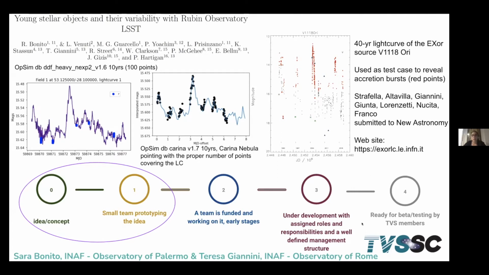And this is an example of a light curve of 40 years. So with Rubin, we can explore both short time scales, on the left, hours to days, and on the right, time scales of decades, in this case, the whole survey. We are at the prototyping idea, and the team is not yet funded at this stage. I will stop here. Thank you.